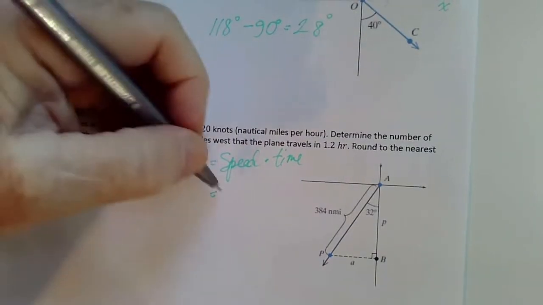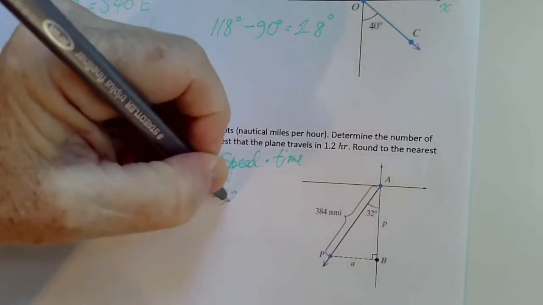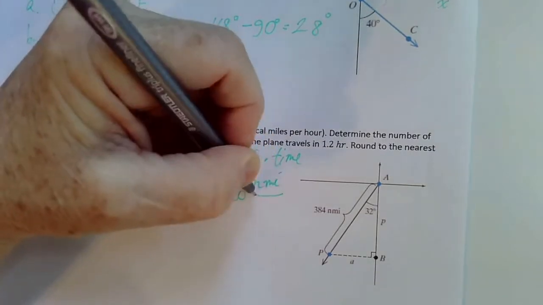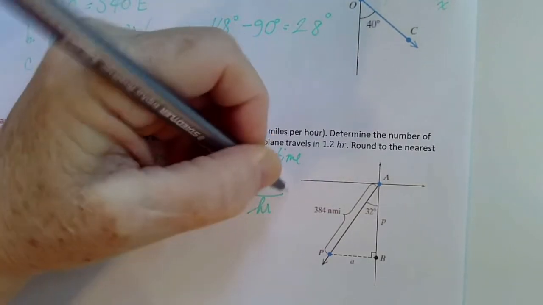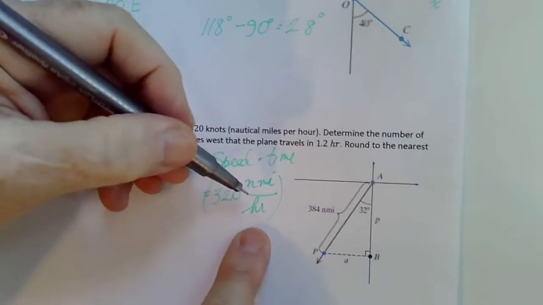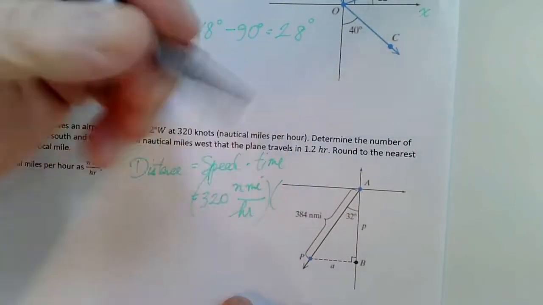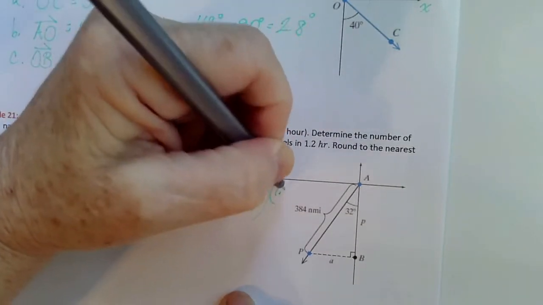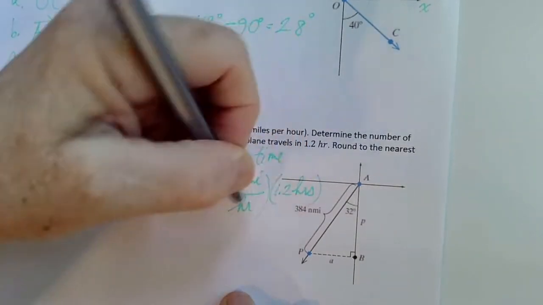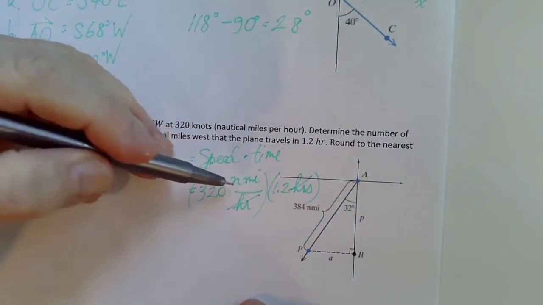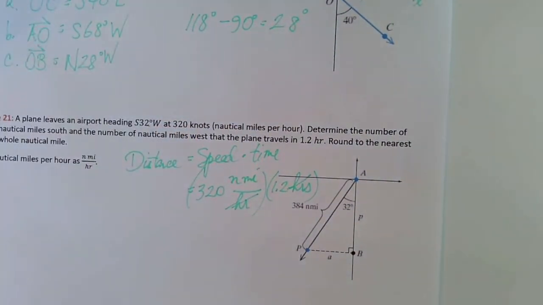I just need to write 320 nautical miles per hour. I have hours in the denominator here, so I need to multiply by hours to get the hours to divide out. 1.2 hours. Now the hours have divided out and I'm left with just nautical miles, which was the goal.